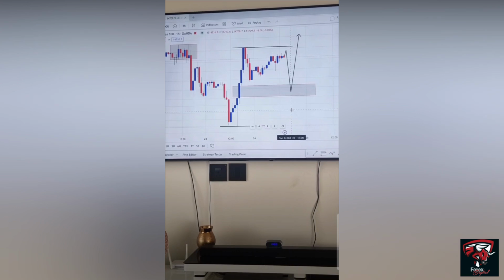Every time price comes to any level, be it a flip zone, be it supply, there will always be a gap in the market. There will always be a gap that we want to tap into. There will always be that price wants to tap into.